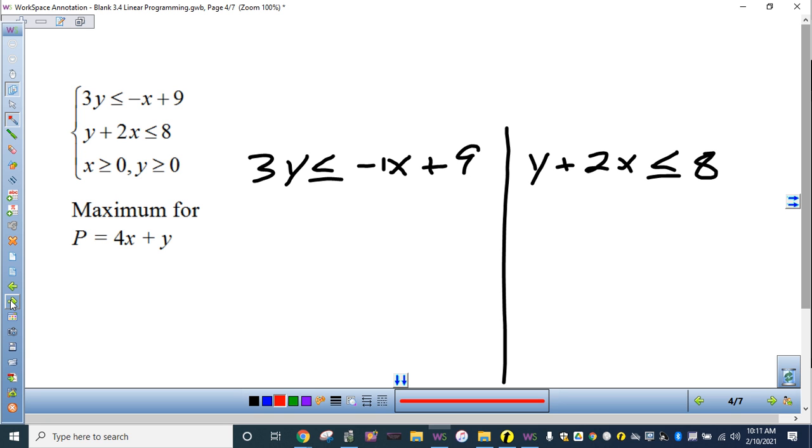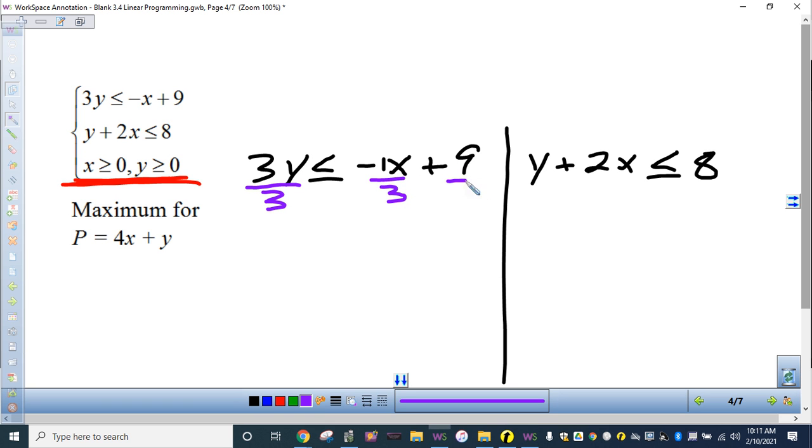So again, this one's forcing us into quadrant 1, with x and y greater than or equal to 0. When you think about graphing, just think about that. We've got to solve these equations for y so we can graph them. First equation on the left, we're going to divide by 3.